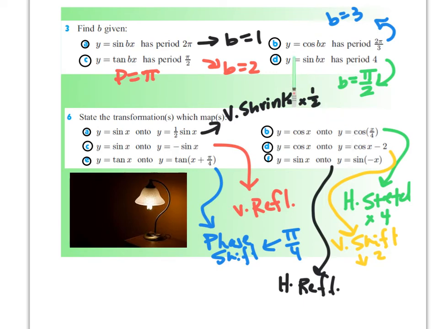In part D here in the first section, in order to get a period of 4, B would have to be pi over 2. So if I took 2 pi over pi over 2, the pi's would cancel. And when I divide by 1/2, that makes that 2 of 4. Okay, a couple other things I want to highlight.